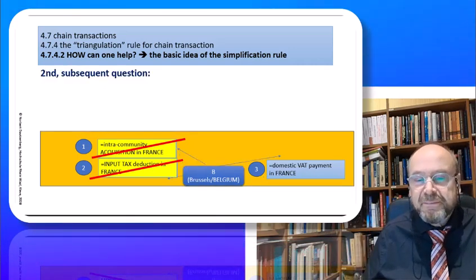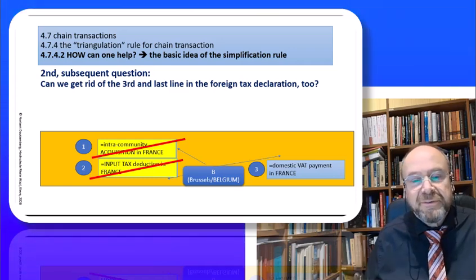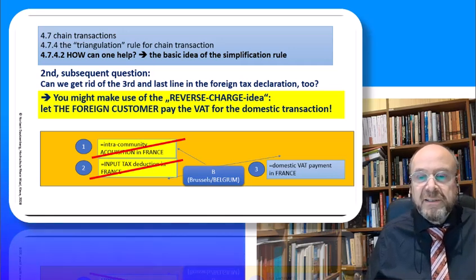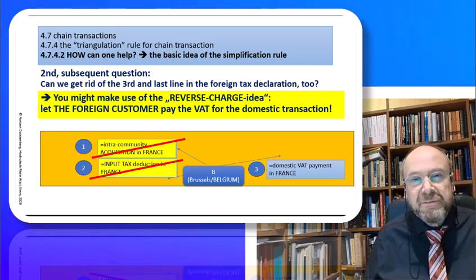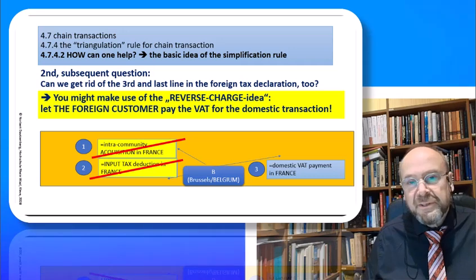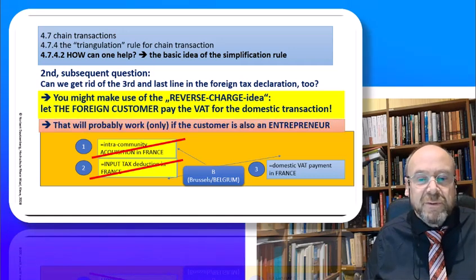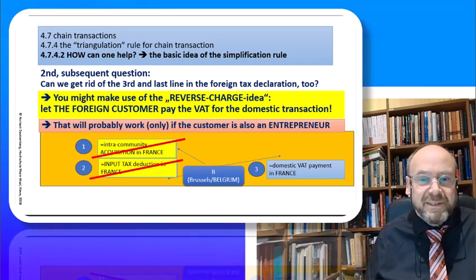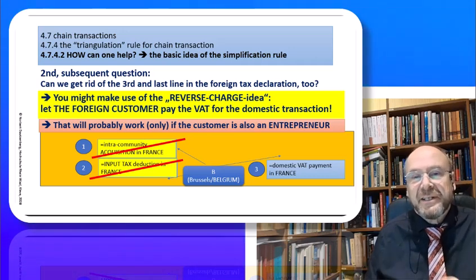So the second subsequent question is, how can we get rid of the third line in the foreign tax declaration? And now the idea is, think about the reverse charge idea. Why can't B's foreign customer C pay the VAT for his acquisition, for his purchase in his home country, himself? That solution, however, can only be considered seriously if the customer is also an entrepreneur or at least has a VAT identification number.